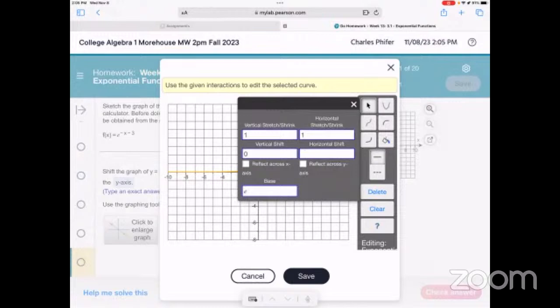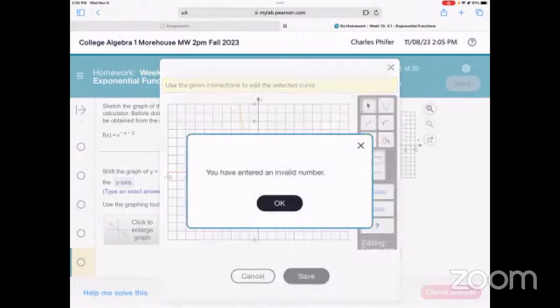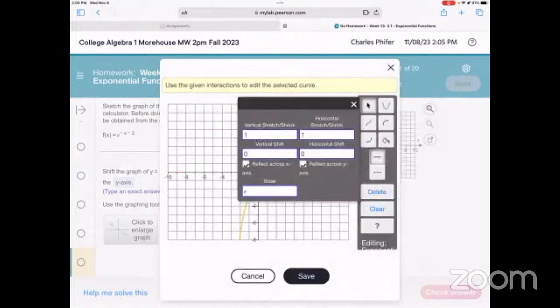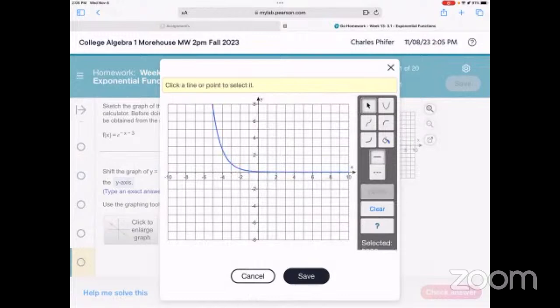Or I guess what we can do is reflect over the y and then just move it left by 3. That'll have the same effect. Again, just choose a couple of test points to make sure you're in the proper location. But this is what we should have.